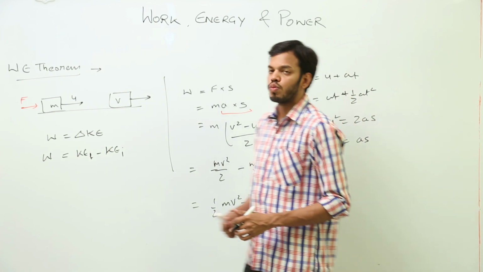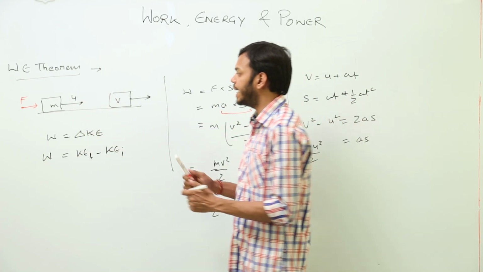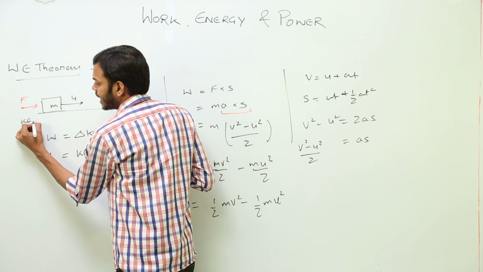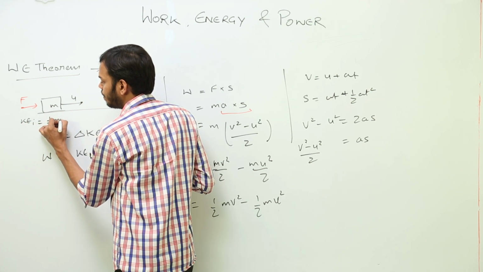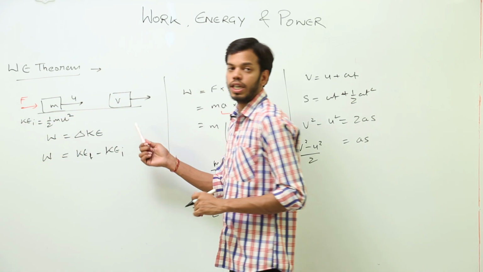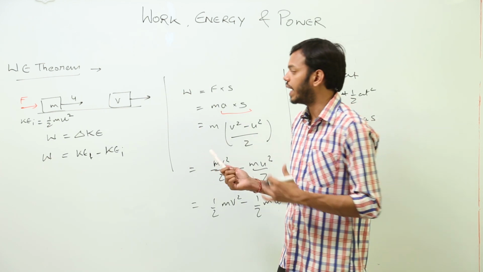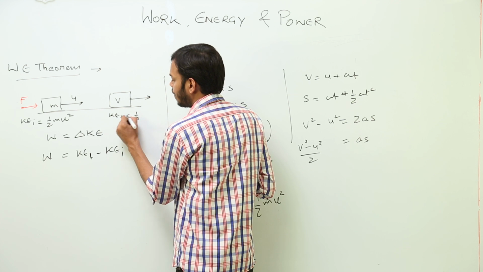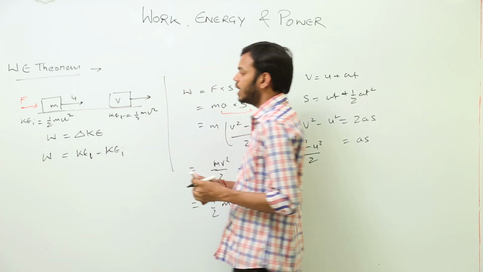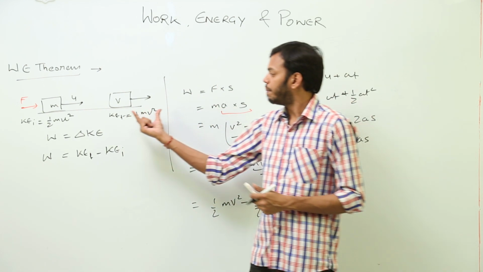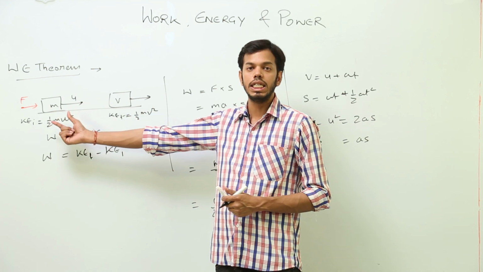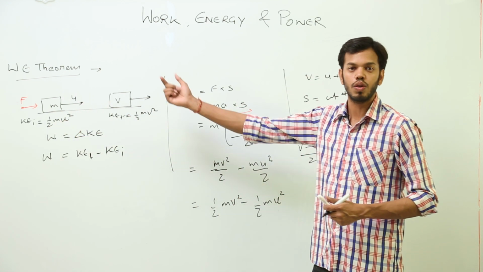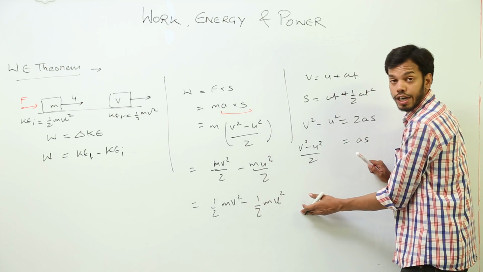Now when the body was moving with initial velocity u, the initial kinetic energy is half m u square, and when the body is finally moving with velocity v, the final kinetic energy is half m v square. So you see that final kinetic energy minus initial kinetic energy is half m v square minus half m u square, which we have already deduced.